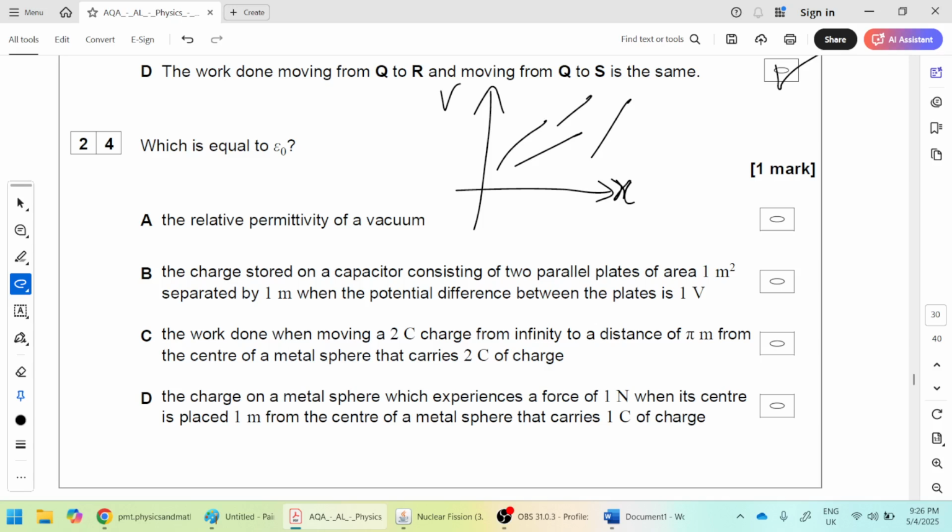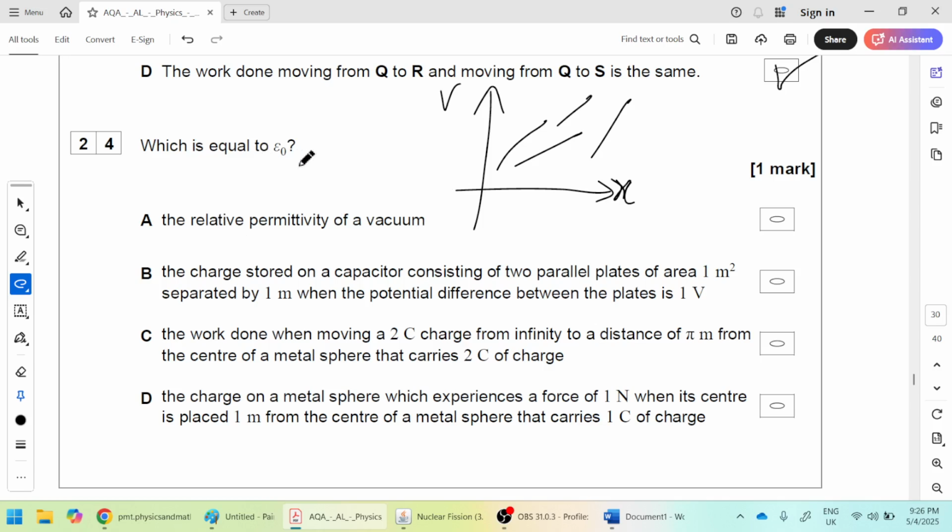Look for an equation. Electric fields and capacitors. Epsilon naught. I see it in two places. One is in the force between two point charges, and the other one is the equation for capacitance. So, relative permittivity of a vacuum. Relative permittivity of a vacuum is 1, right?